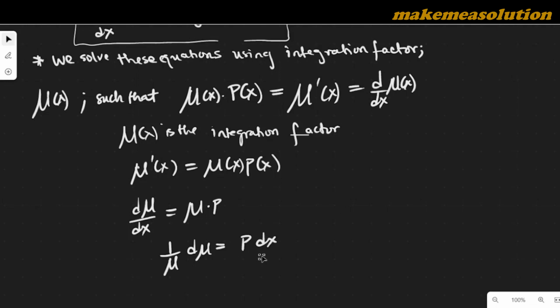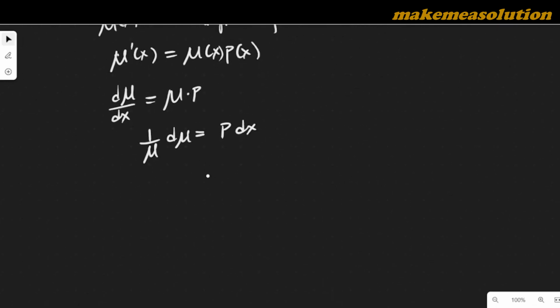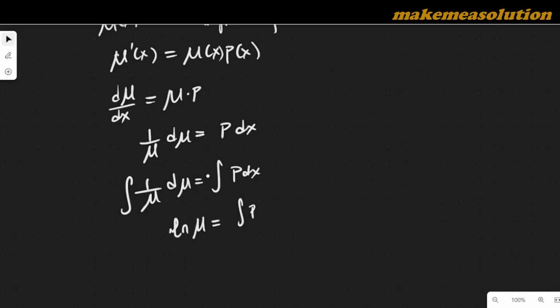When we integrate, we have the natural logarithm of mu is equal to the integral of p of x with respect to x. Now if we take the exponential of both sides, we will have mu is equal to the exponential of the integral of p dx. So this is going to be the value of the integration factor.